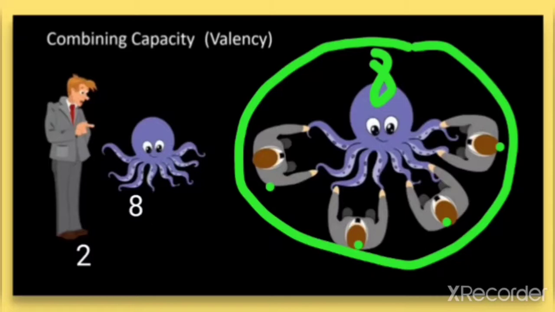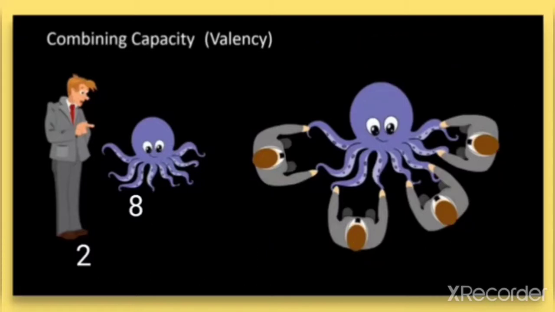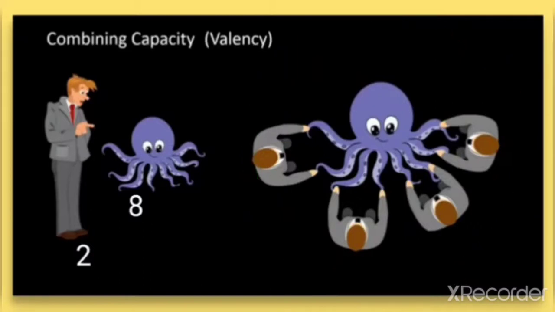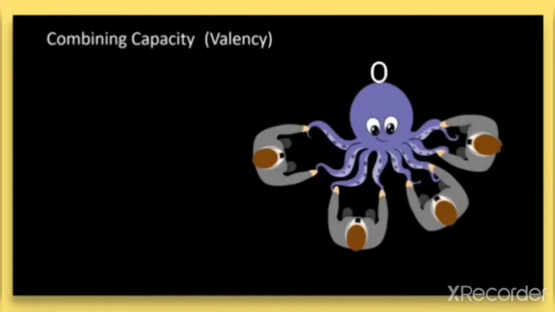Now let us represent a formula for this combination of the octopus and the 4 men. In order to represent a formula, we need to give a representation to an octopus and to a man. The symbol O is used for an octopus and H is used for each man.